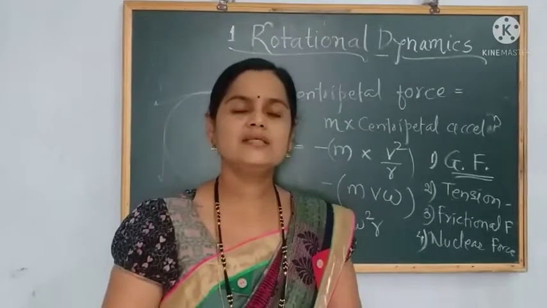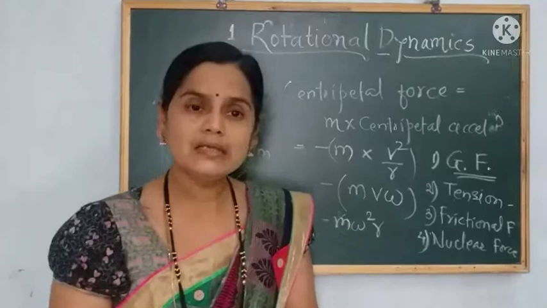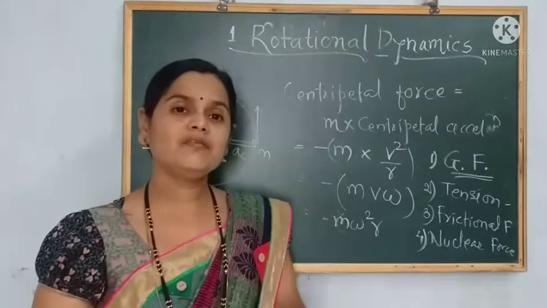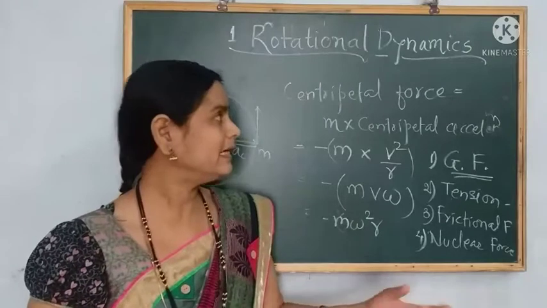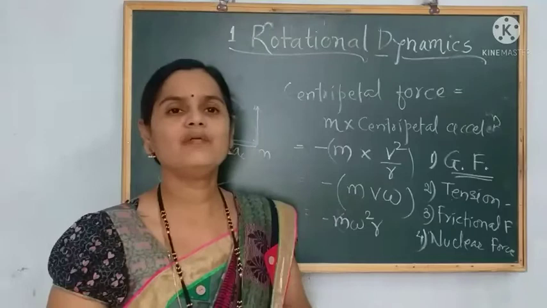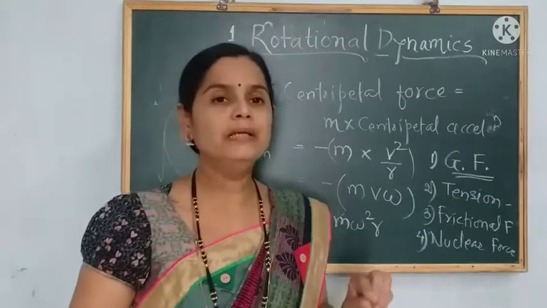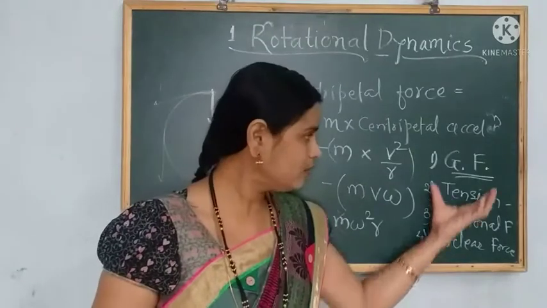So likewise, different types of forces which are responsible for a particle performing circular motion act as the centripetal force and let it perform the complete circle. Which types of forces are these?